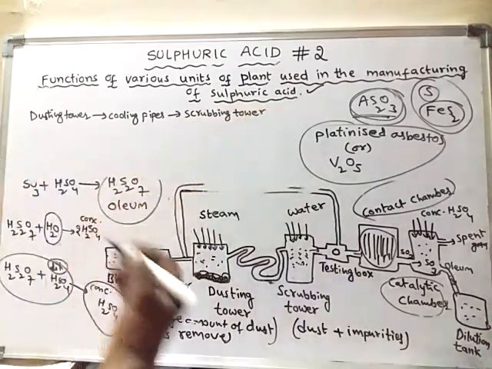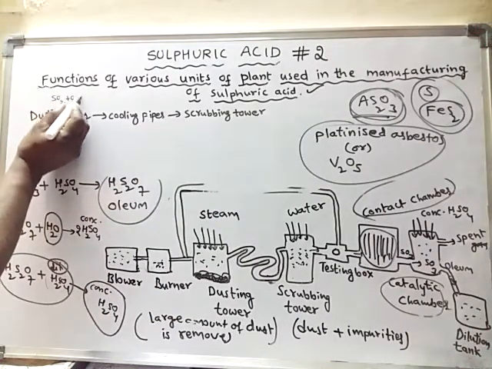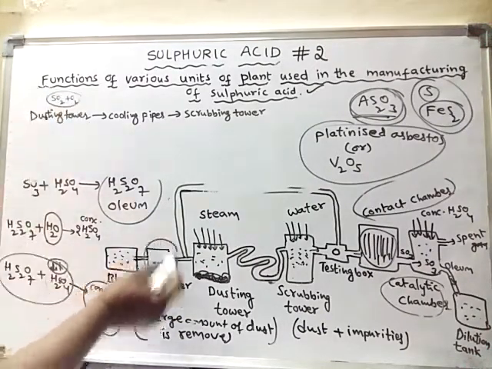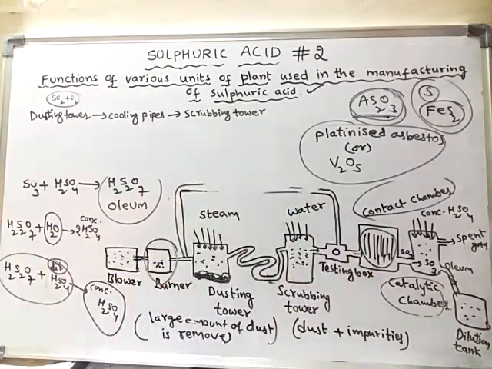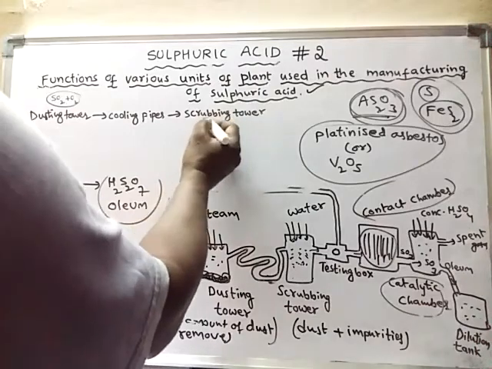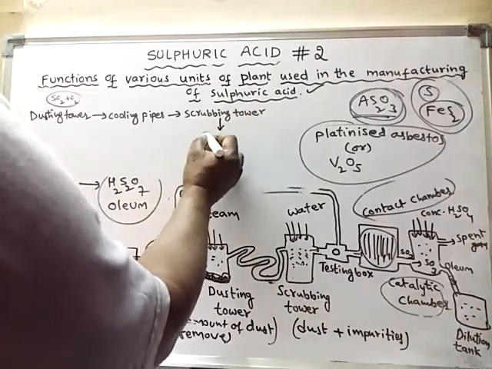The gaseous mixture of SO2 and O2 is formed here, and that mixture will enter in this way. After entering the scrubbing tower, we have to send that gaseous mixture into the drying tower.